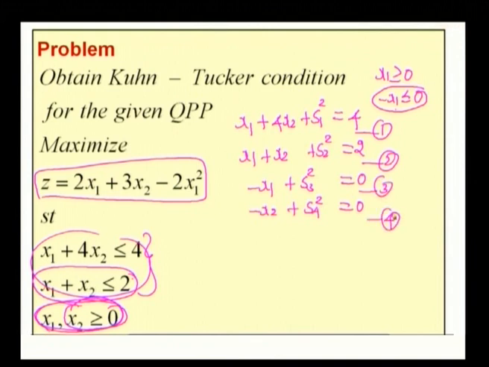Here the decision variables x1, x2 and all the slack variables si squared, i varies from 1 to 4, should be greater than or equal to 0. So, the given set of constraints can be rewritten in this way.